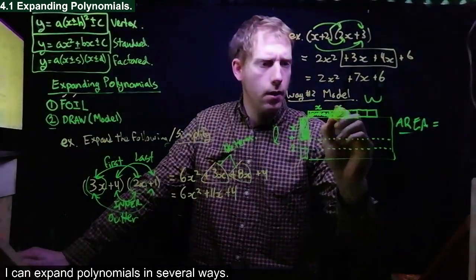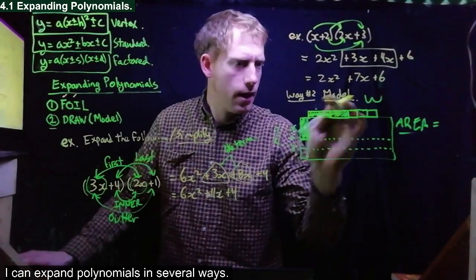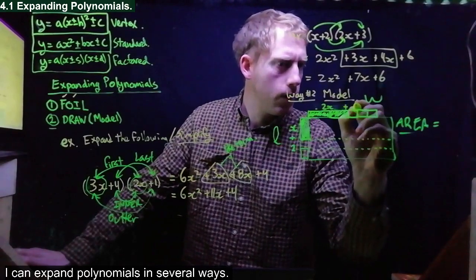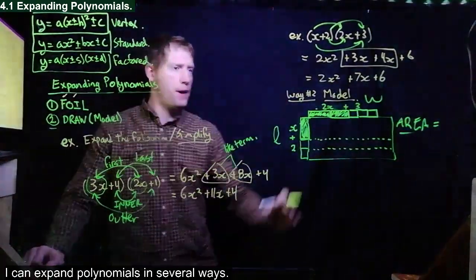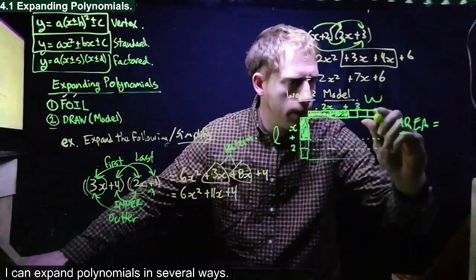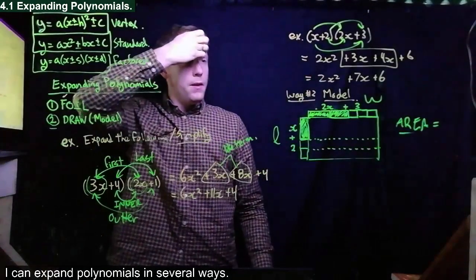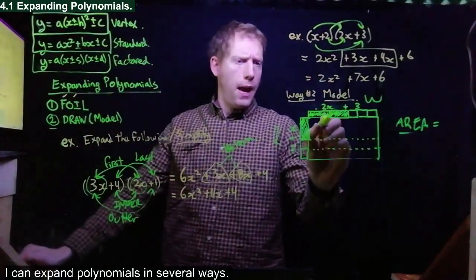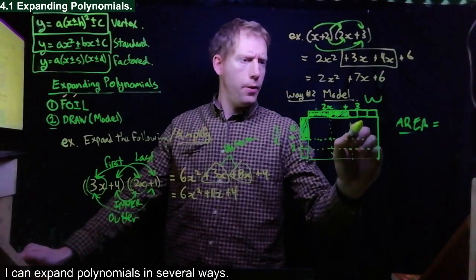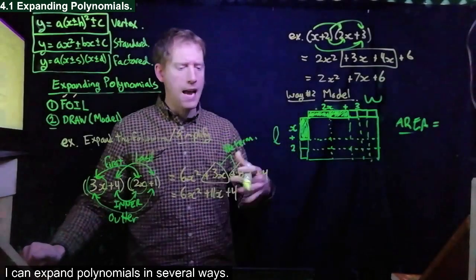That distance there is going to be 2x plus 3. This is the dimension. I drew my box a little bit long. We can move this down here. Okay? And now what I can do is draw the actual area.